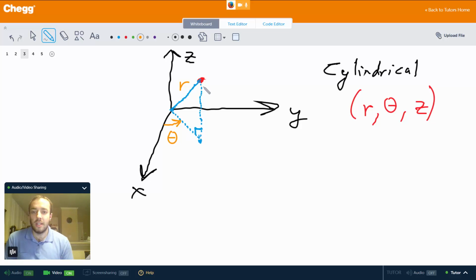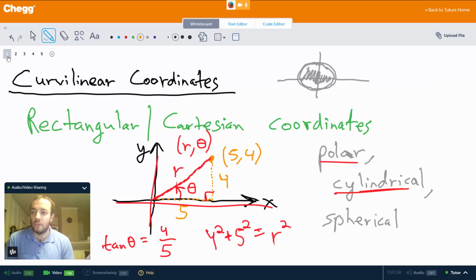Well, Z is actually just the height. And actually, z is the same thing that it would be in 3-dimensional rectangular coordinates. So for 2-dimensional rectangular coordinates, we just have x comma y. For 3-dimensional rectangular coordinates, we would have x comma y comma z. And as it turns out, z is the same thing in 3-dimensional rectangular coordinates and cylindrical coordinates.